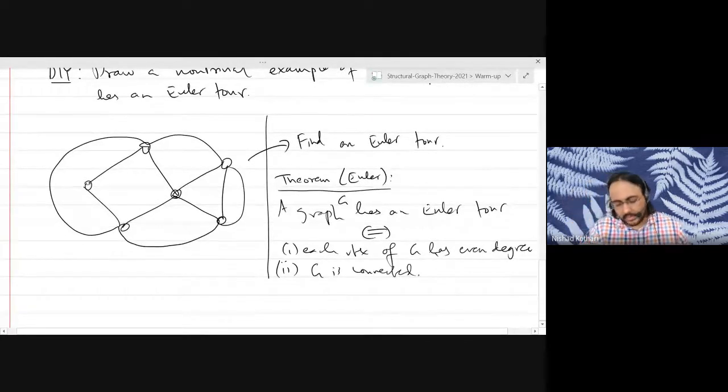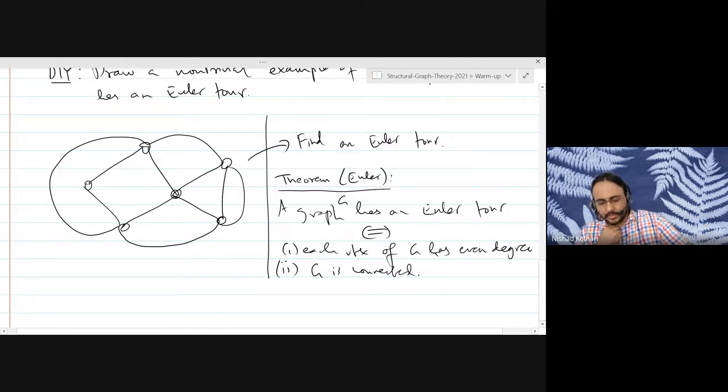Otherwise, clearly you will not have an Euler tour. We won't be proving this theorem right now. We will actually prove a slightly different result, which looks very similar, and actually they both are in a sense equivalent. And you might be deducing Euler's theorem from that result.